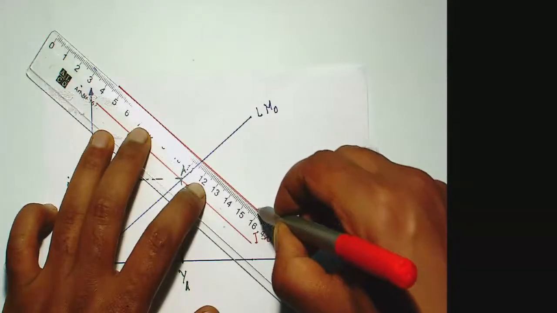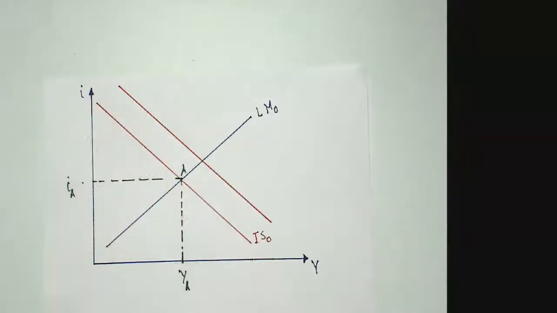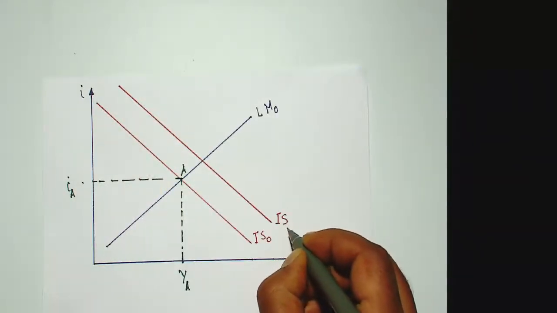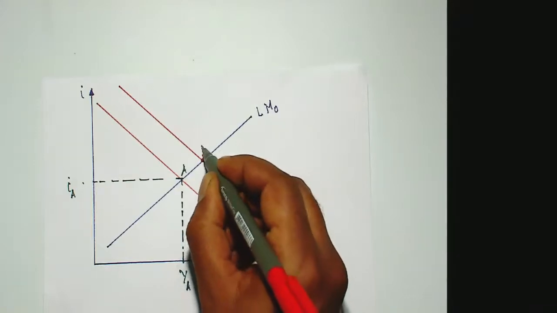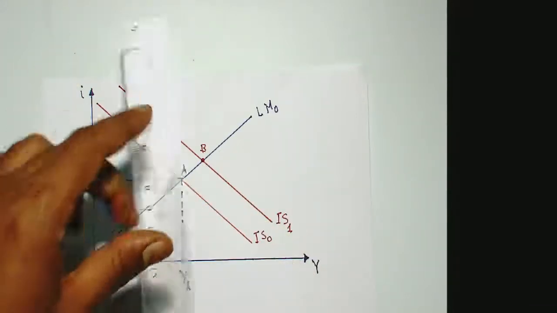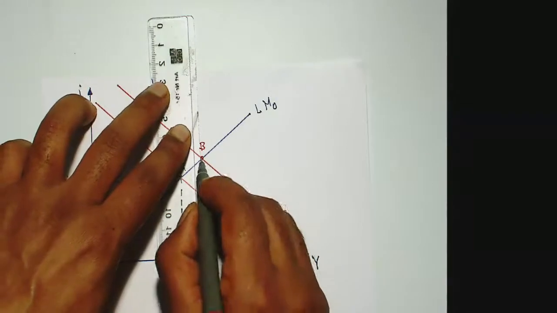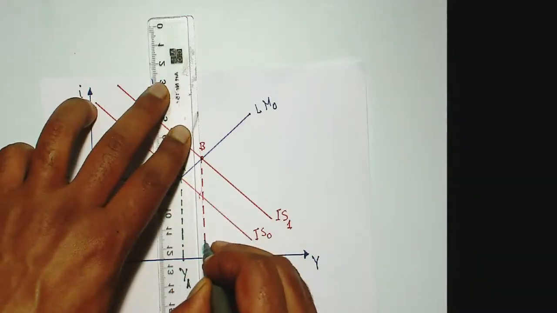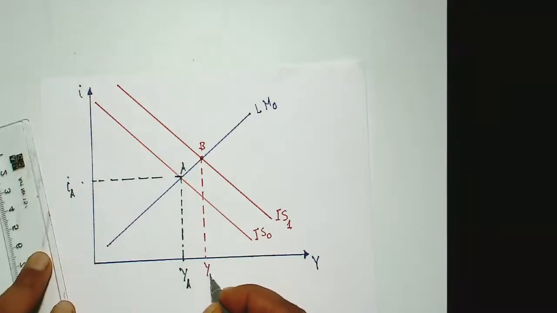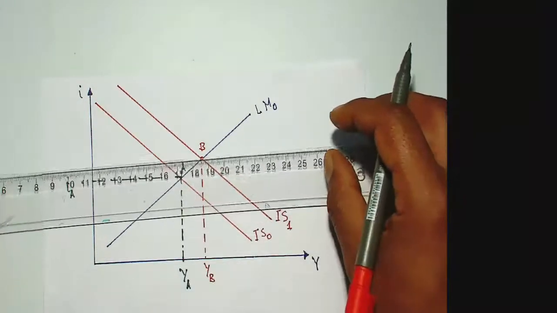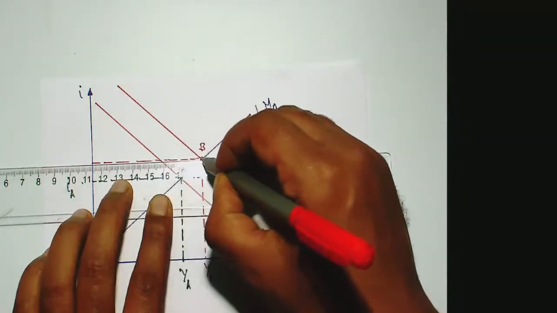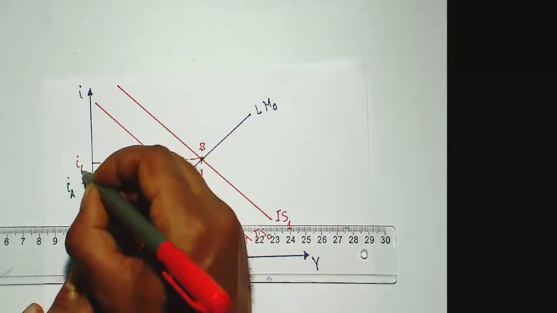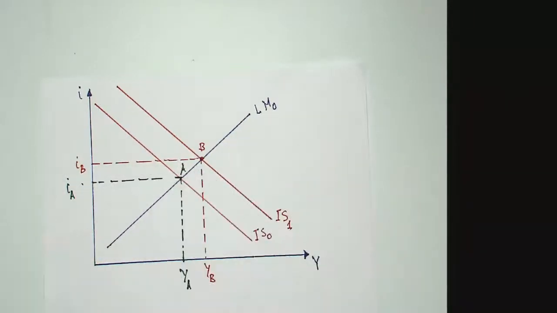So we would have a new IS curve, IS1, and we would have a new equilibrium point, point B, with a corresponding income amount of YB, and again a corresponding interest rate amount of IB.